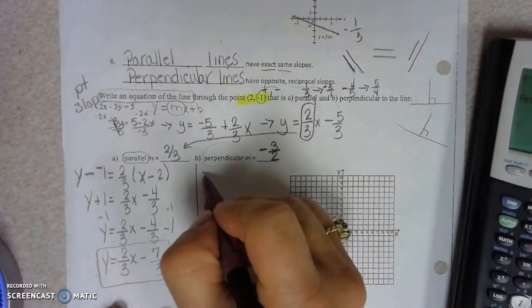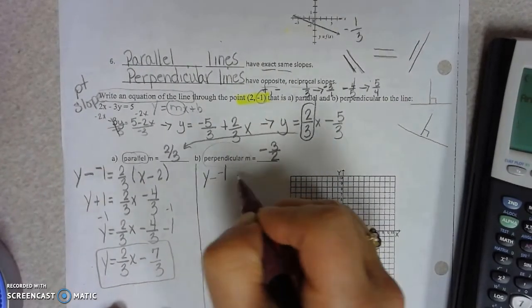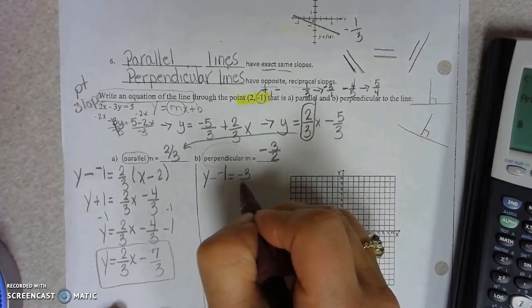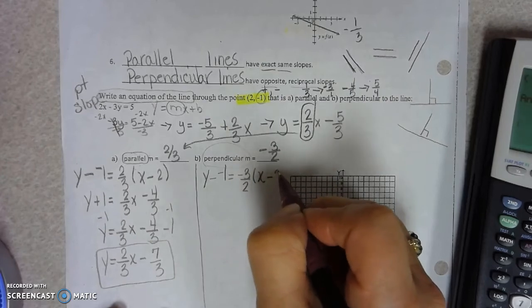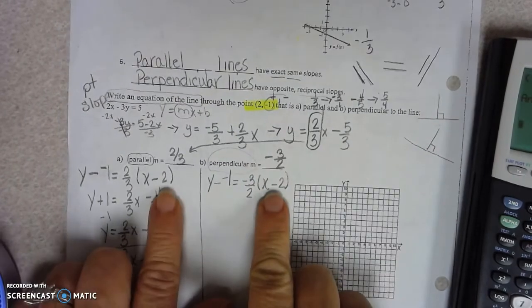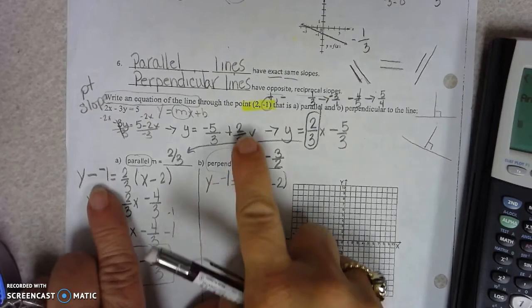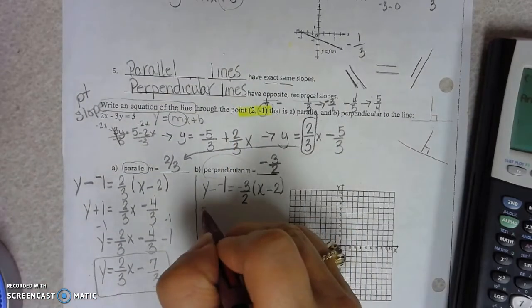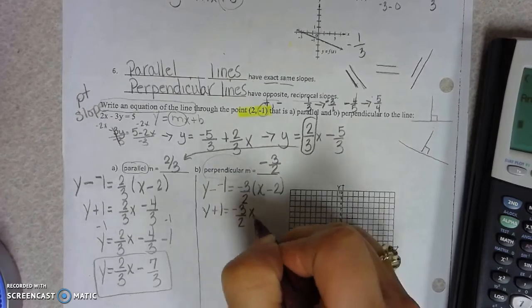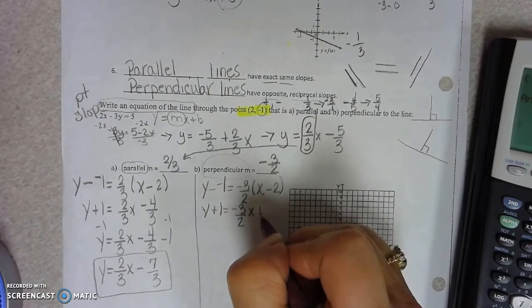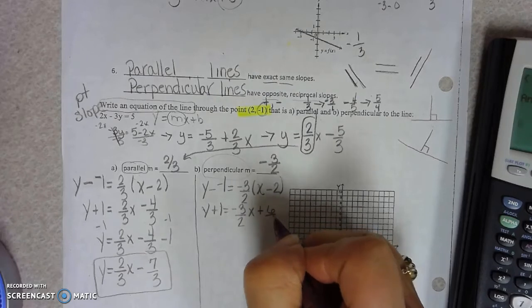And we do the same thing with perpendicular. y minus a negative 1. Opposite reciprocal. You see, this x and the y values are the same because that's my point. Negative 3/2 x. Negative 3 times negative 2 is a positive 6.